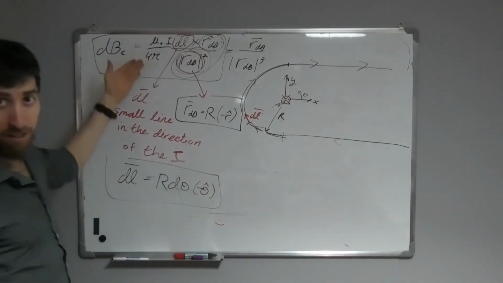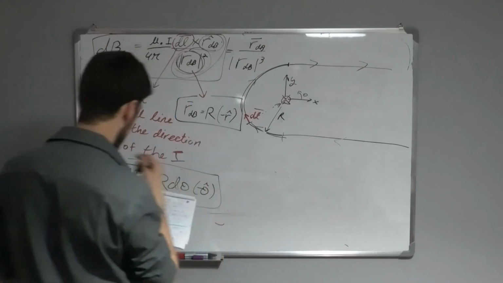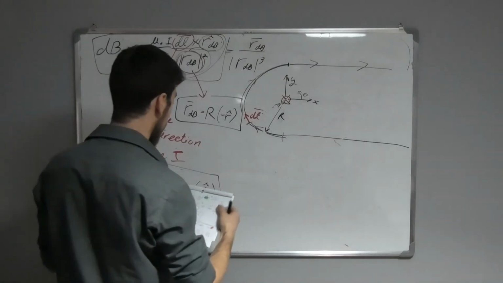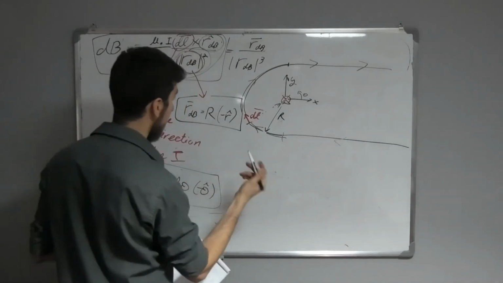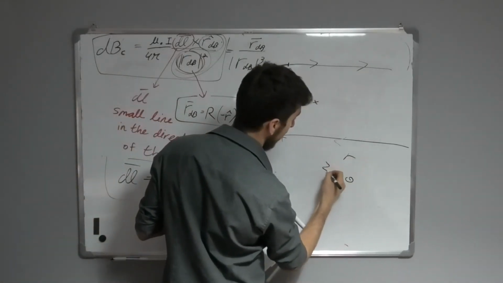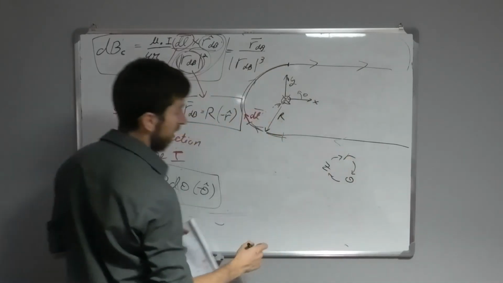So what's left is to do the math. This is not the hard part of this course, because you need to know this one. So I have the famous r, theta, and z, the famous cross circle.